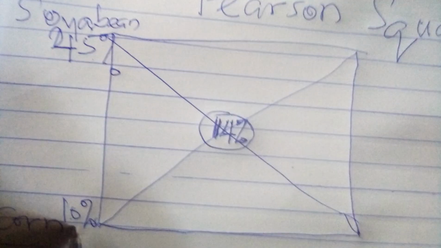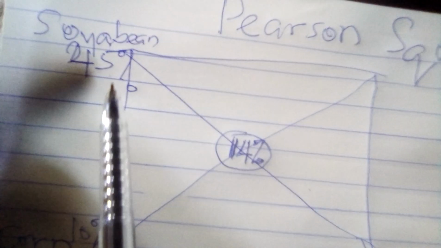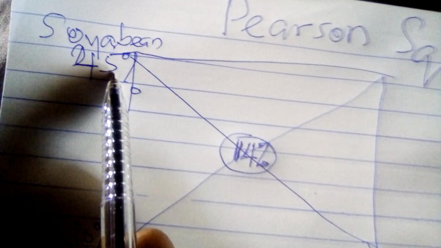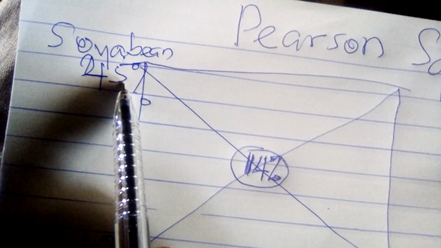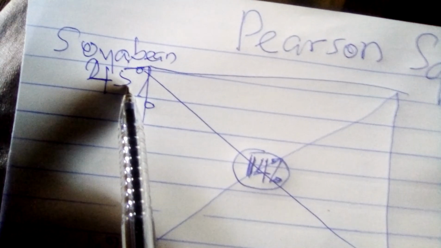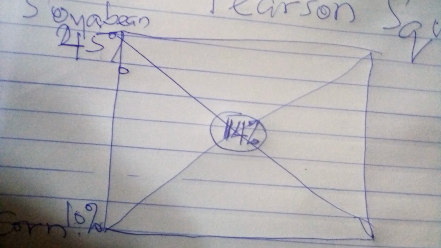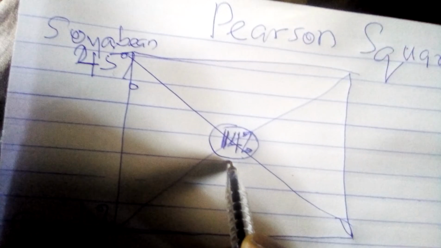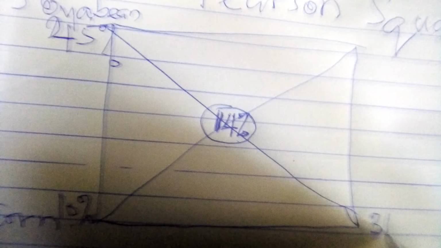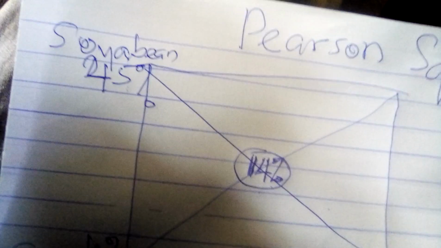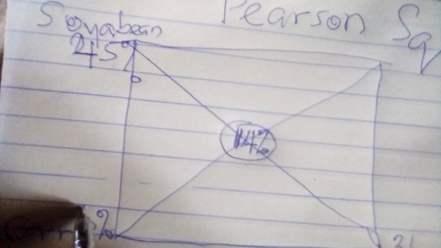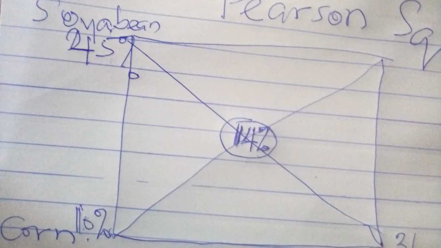So the next step is to take the crude protein of soybeans, 45%, and subtract the middle value from it. When you subtract 45 minus 14, the value will be 31. Then for this 10%, in this process just disregard any form of negative.